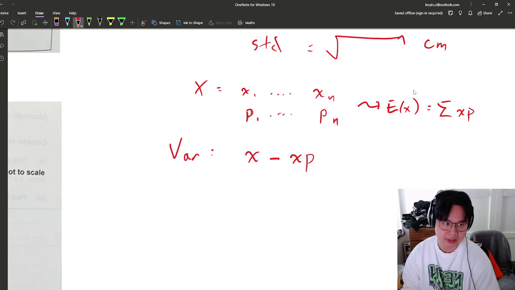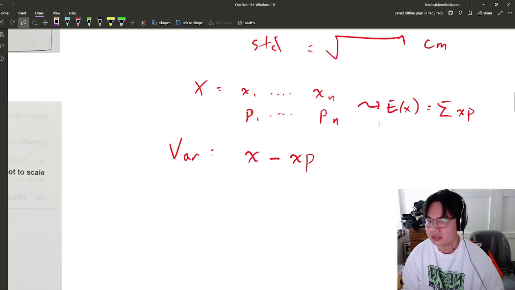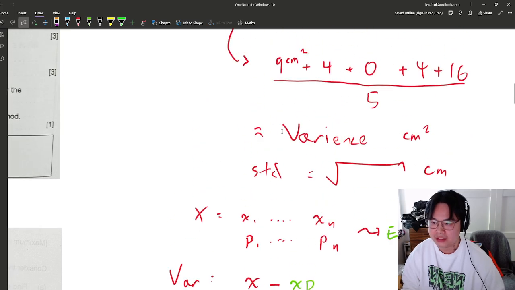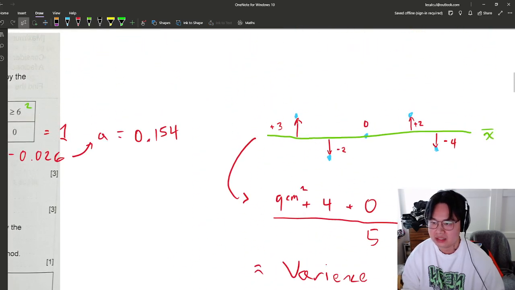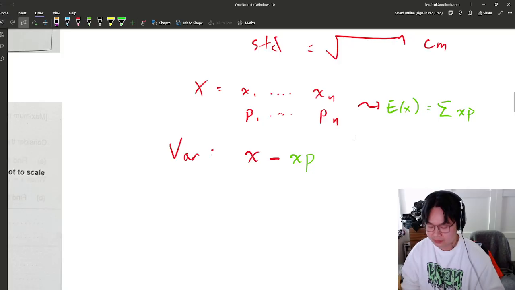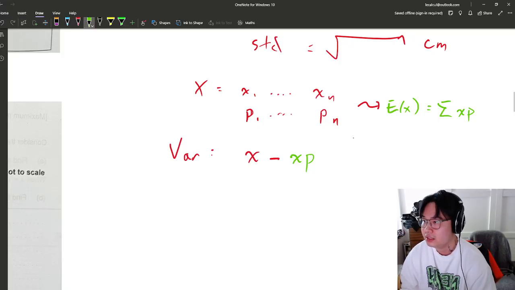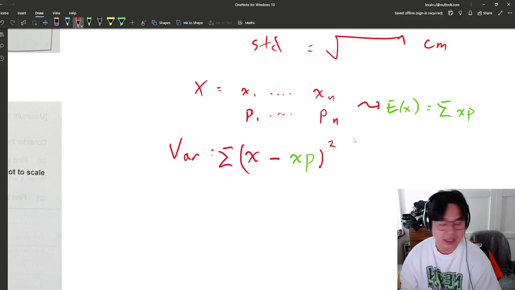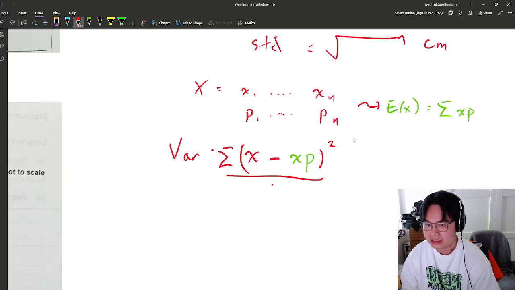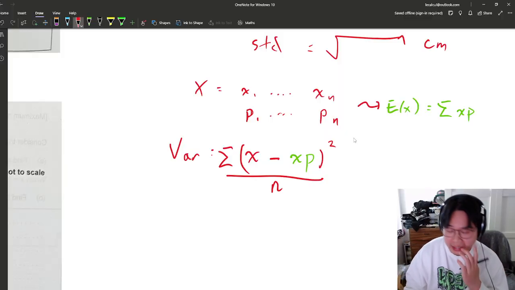So this is your residual, right? Let me color code this. So this is your average, and this is your residual. You square them to get rid of the negatives. You sum them, and then you divide by how many numbers you have, which should be n.